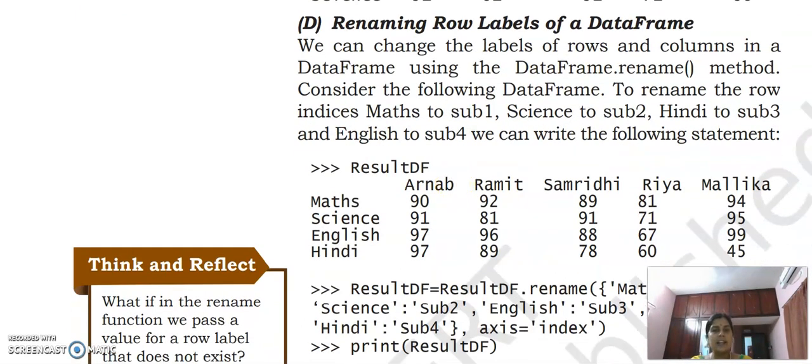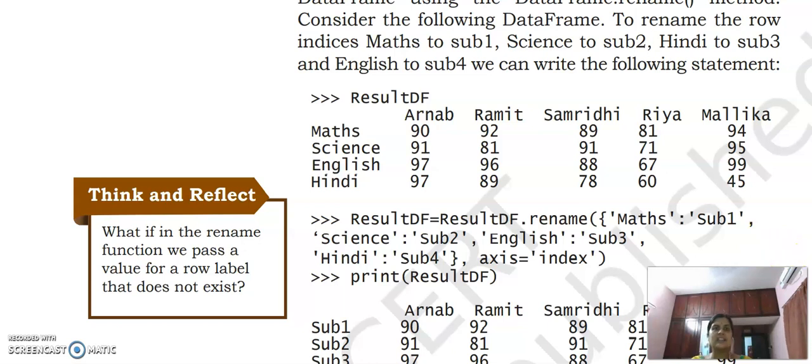Next is renaming row labels. The row labels are these: Math, Science, English, Hindi. Row names are known as the row index or row label. We can rename, which means we can change them. Here we are using braces, like braces for a dictionary. These methods are different, so you have to study that.